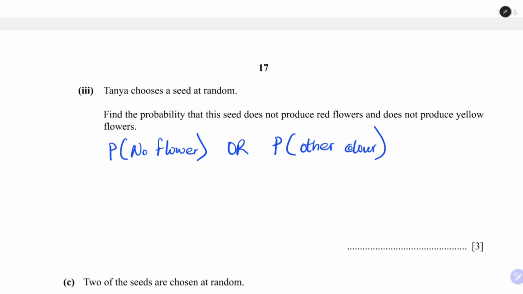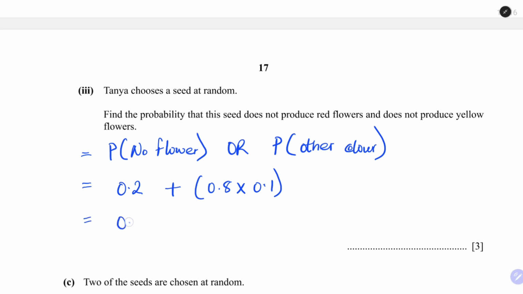So you have to consider the ones that don't produce flowers at all, which we are given as 0.2, plus producing other colors. Producing other colors will be it flowers, 0.8, and another color, 0.1. This we got from our tree diagram.